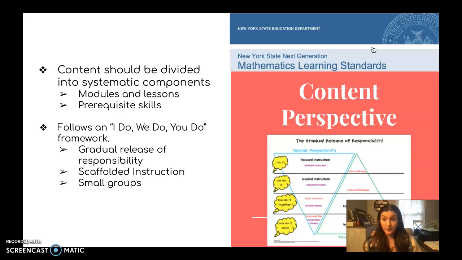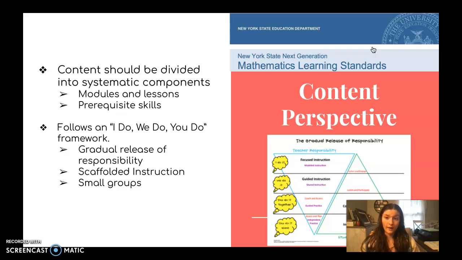So to start with content perspective, the framework that Dr. O'Connor suggests states that content should be divided into systematic components. So we follow the New York State Next Generation Learning Standards, and those drive our instruction. Math curriculums take those standards and then they create modules and lessons based upon them to assess mastery at the end of a grade level.